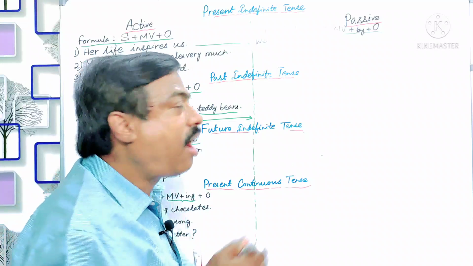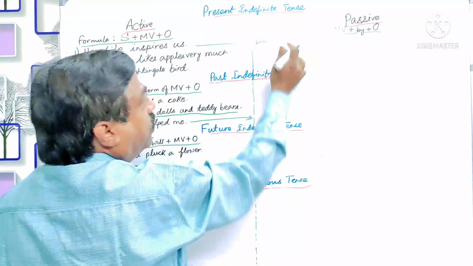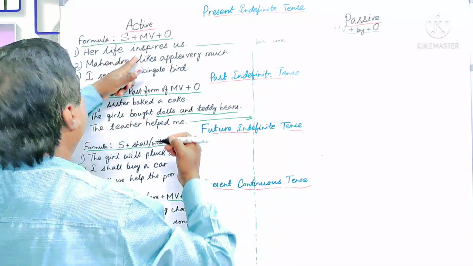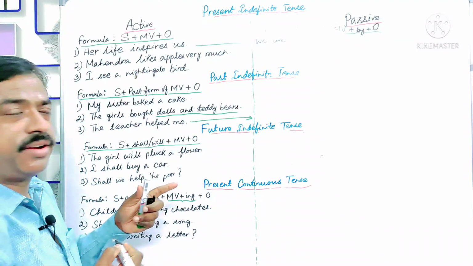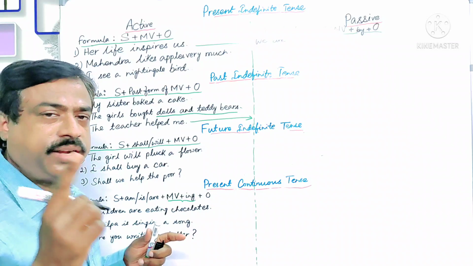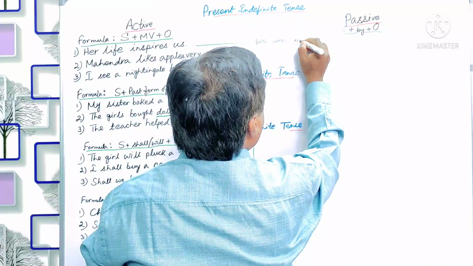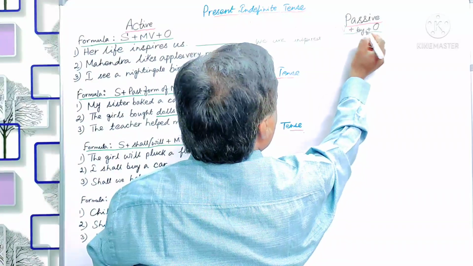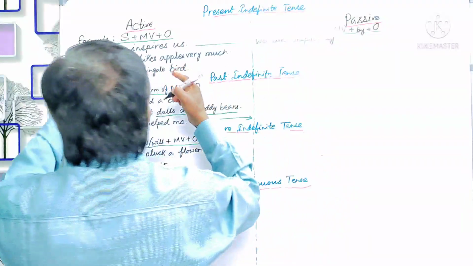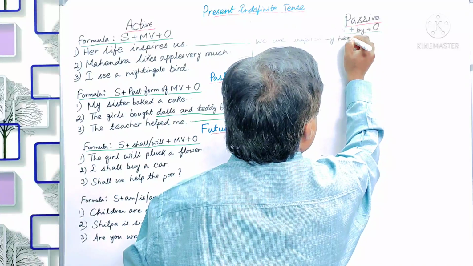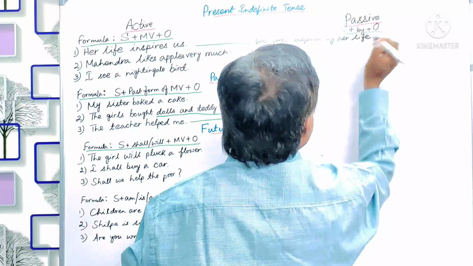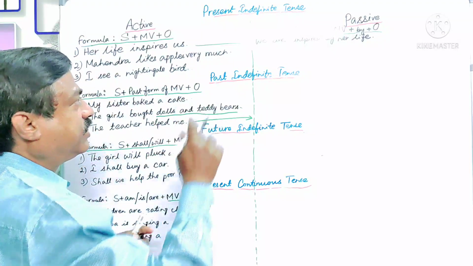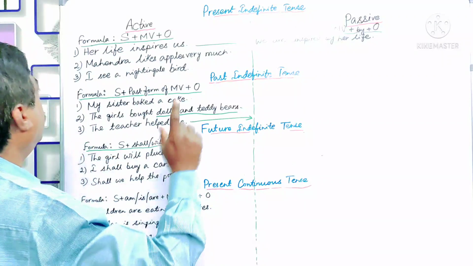Immediately you look at the formula and you place it accordingly. We are, the main verb here is inspired. So it will be inspired. Then by whom? By her life. We are inspired by her life. So this is the sentence in the passive voice.